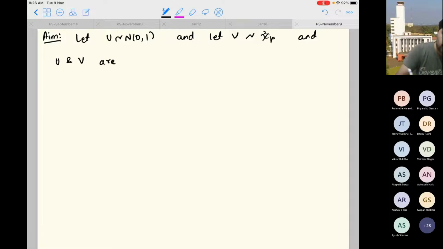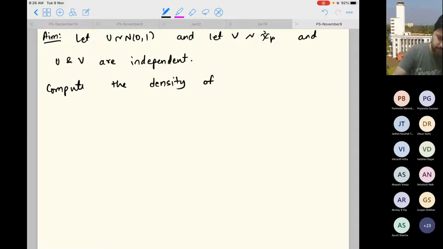I am interested in computing the density of the random variable U divided by the square root of V by p. This is a transformation of U and V, and this is the density that I really want to compute.